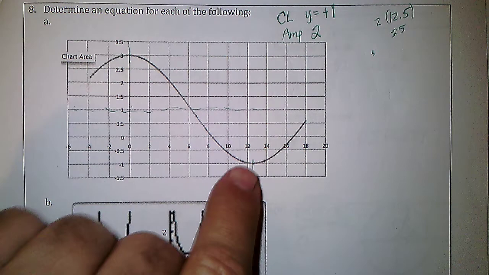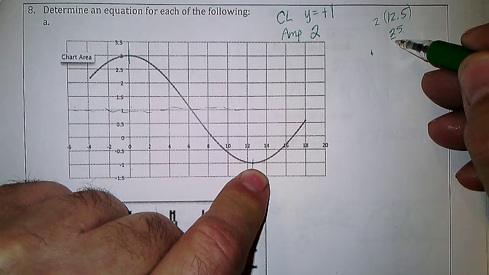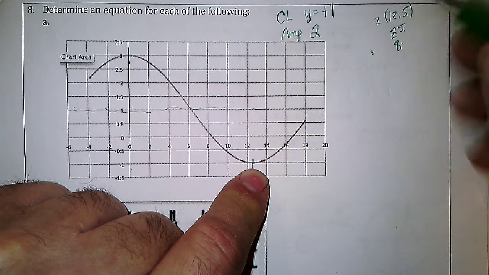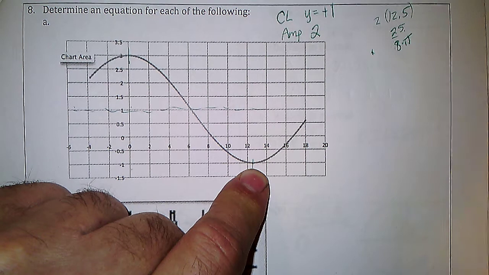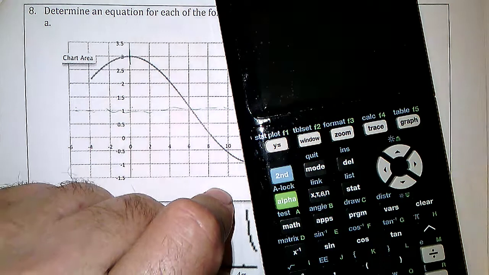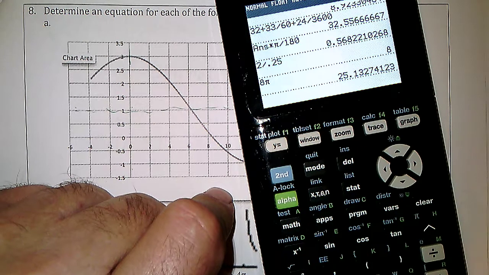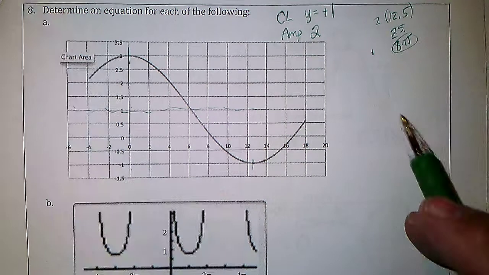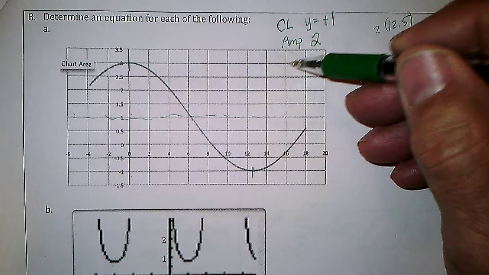Now, actually, what I did type in was something close to 25. 8 times pi, pi is 3.14 times 8, 8 pi is 25.1.